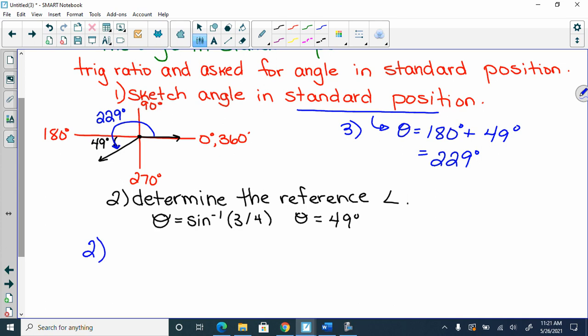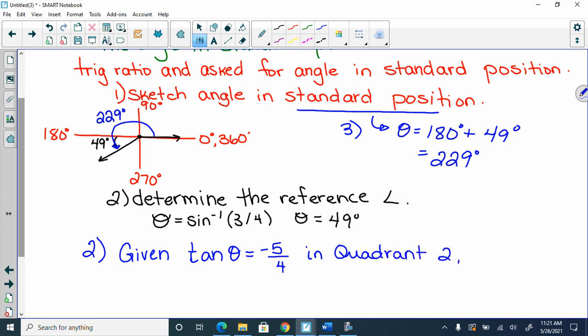So number 2, given tan theta equals negative 5 over 4 in quadrant 2. Determine the angle in standard position.